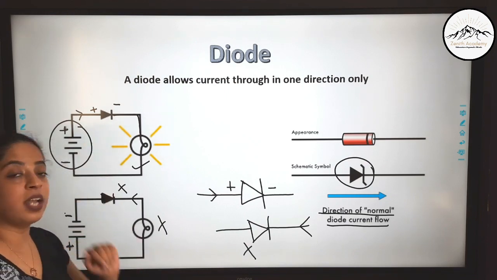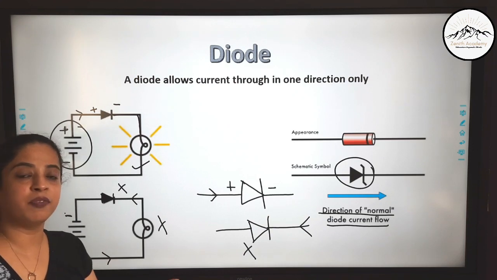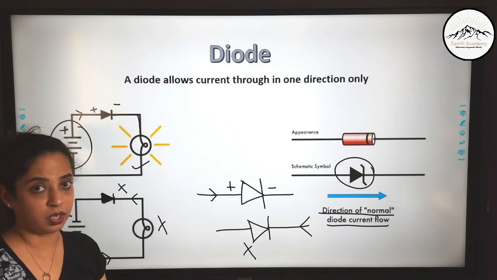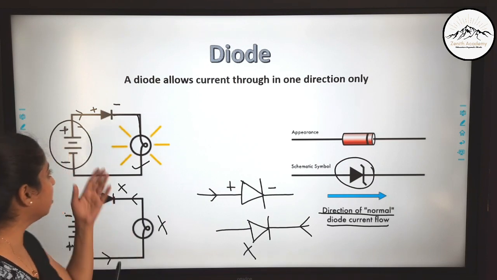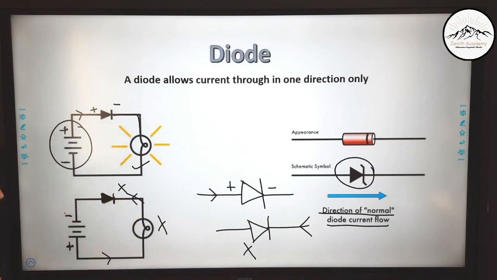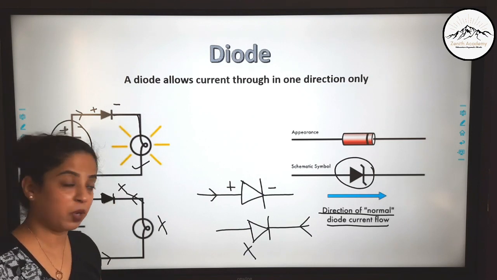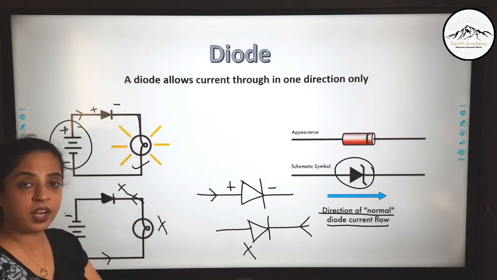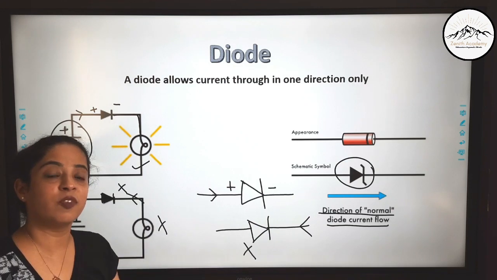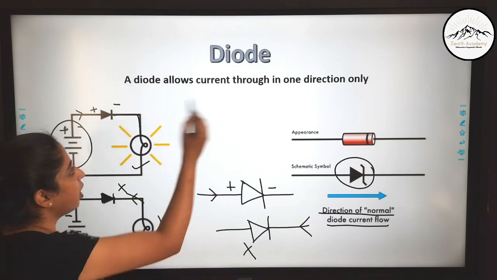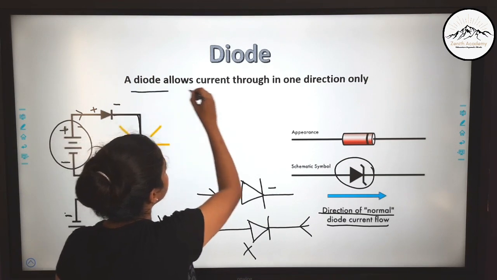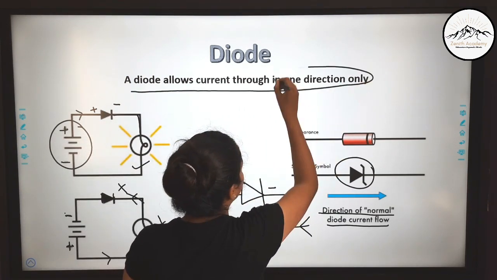So there, if a diode is present, then even if you have changed the battery's position, the current will not flow, because the diode will not allow the current to pass through if it is in a wrong direction, because it allows current to flow only in one direction. So now since the current will not flow, your radio will be saved. So this is how diode is used. So it allows current through in only one direction.